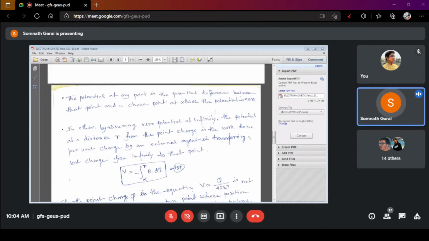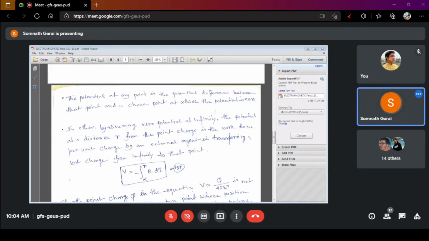That is the concept. That's why the potential at any point is the potential difference between that point and a chosen point situated at infinite distance whose potential is zero.